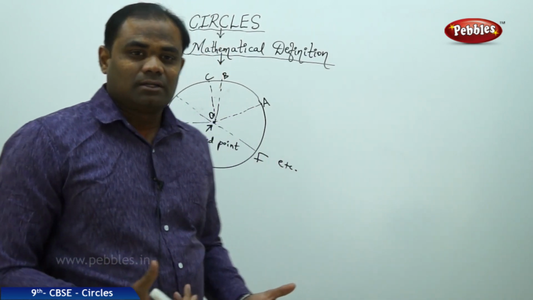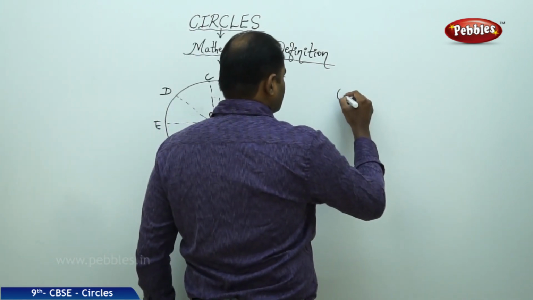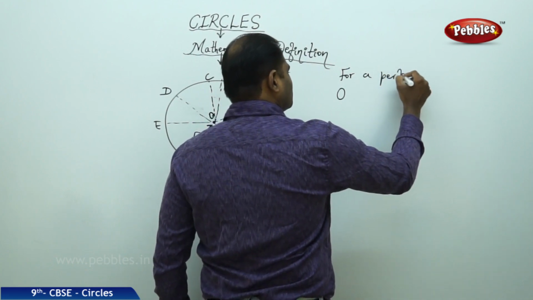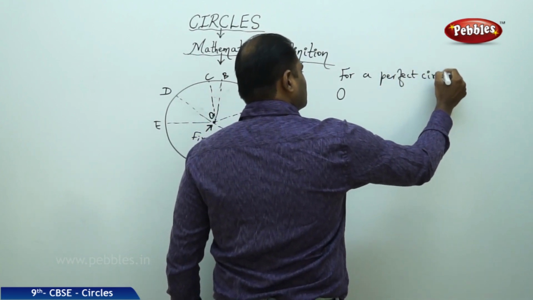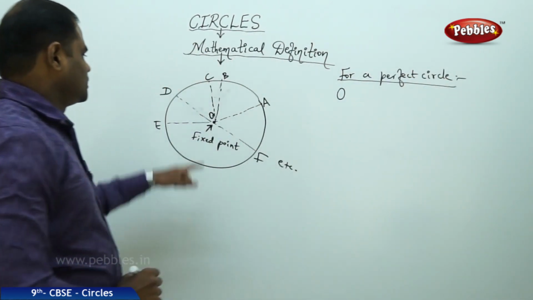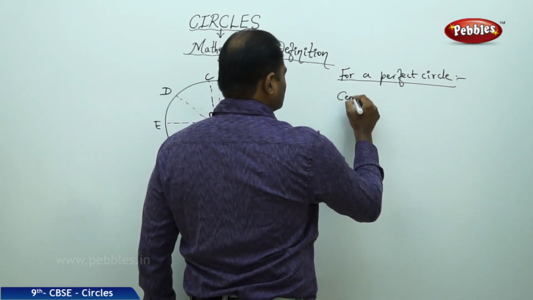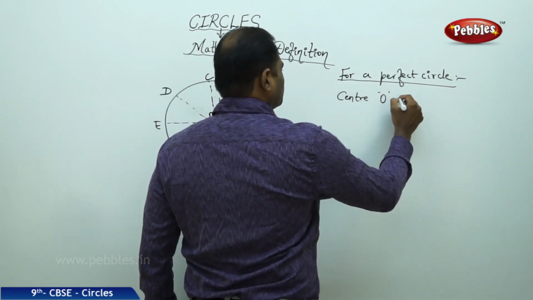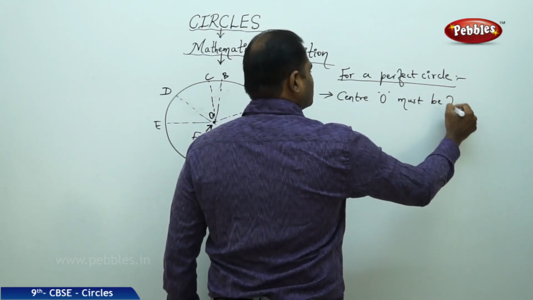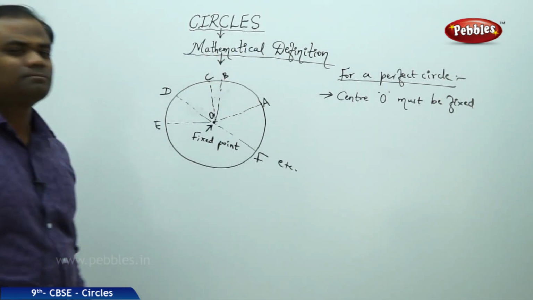So what are the different things we see here? For a perfect circle, the first point is that center O must be fixed.